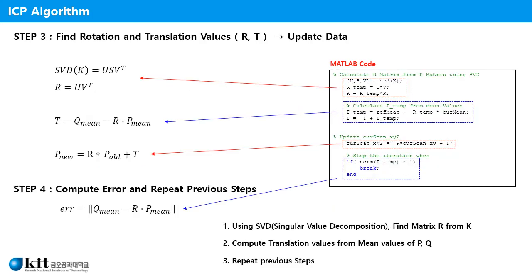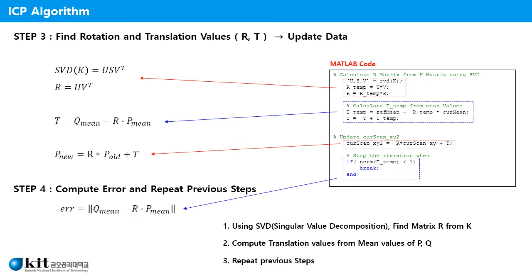The third step is to find the rotation and translation values from the cross-covariance matrix K and the mean values. From matrix K, we can get the rotation matrix easily using singular value decomposition, SVD. SVD is a famous theory in linear algebra and matrix operation. It means the matrix has singular values having characteristic information of a set.